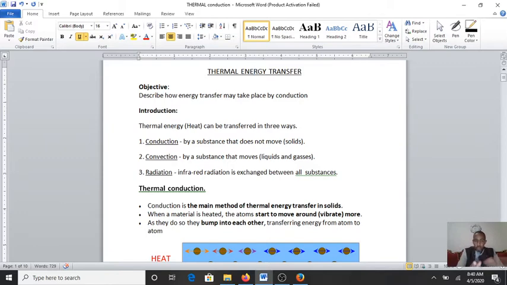But back to our discussion, we said the objective of this lesson is to describe thermal energy transfer by conduction. Now, before we delve into thermal conduction, let us try to understand the big picture.